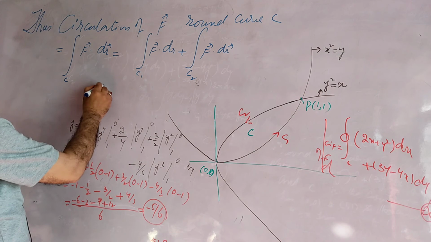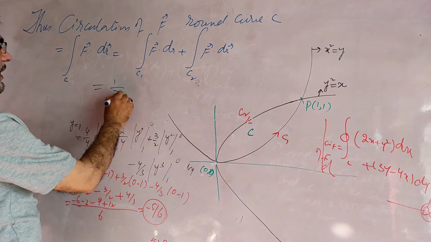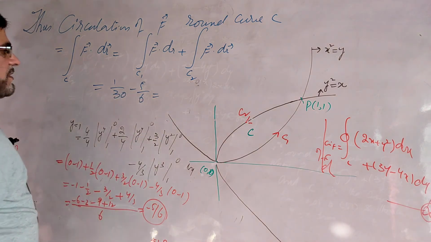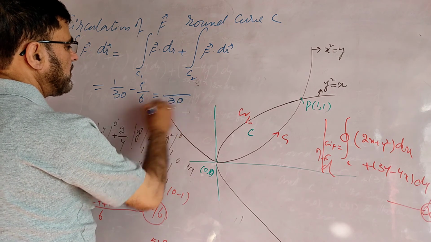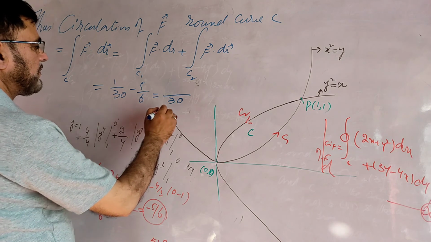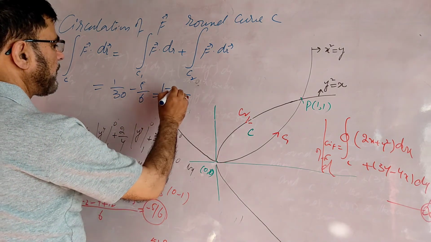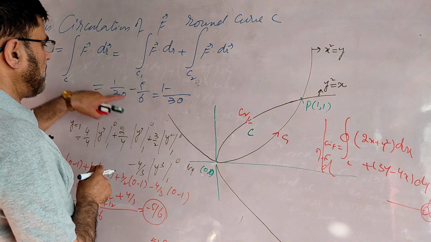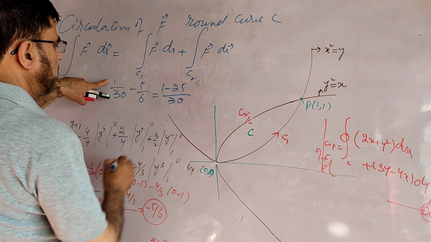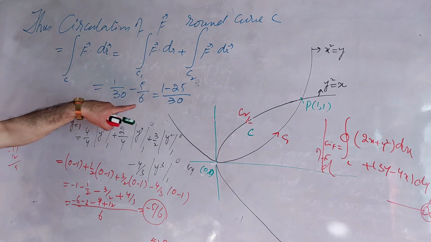This was your F dot dr along C1, it is 1 by 30, and this is your minus 5 by 6. What is this? We have 30 as LCM here.